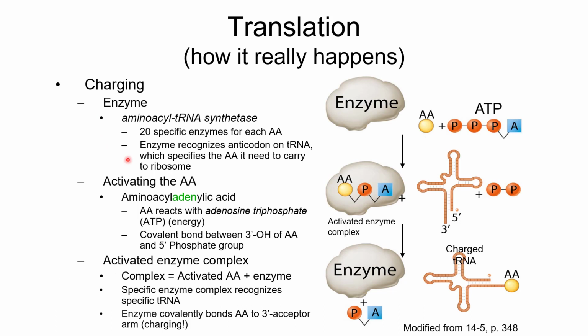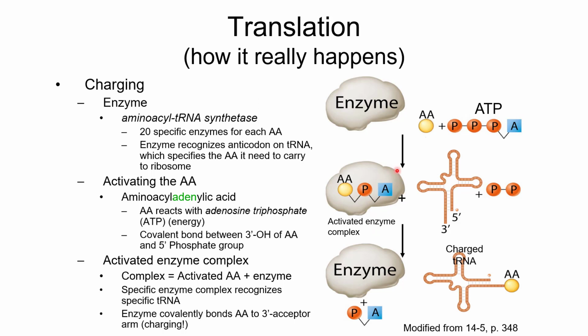tRNAs go through a process called charging. This is the process by which we attach the amino acid. This occurs by the use of an enzyme called aminoacyl tRNA synthetase, as well as the amino acid that's designated by the anticodon and ATP. So the enzyme recognizes the anticodon on the tRNA, and that specifies its specific amino acid. We create this activated enzyme complex.